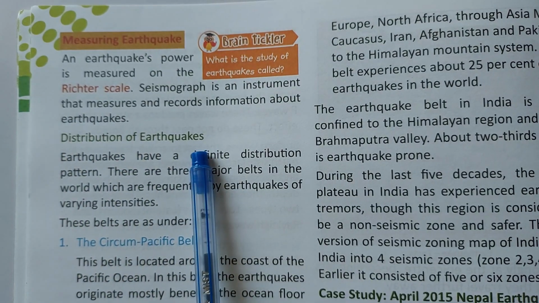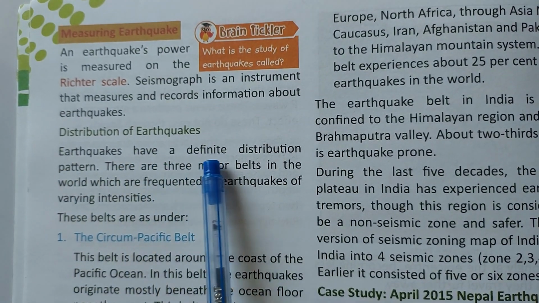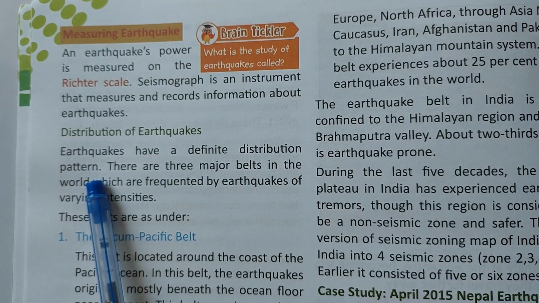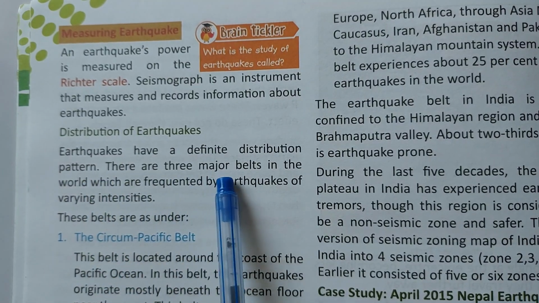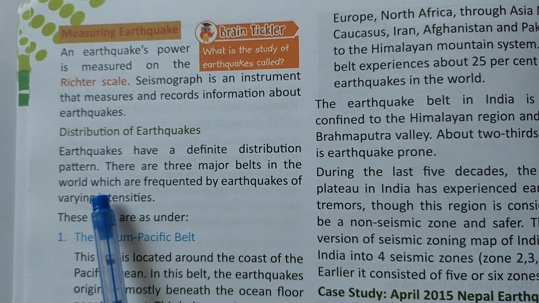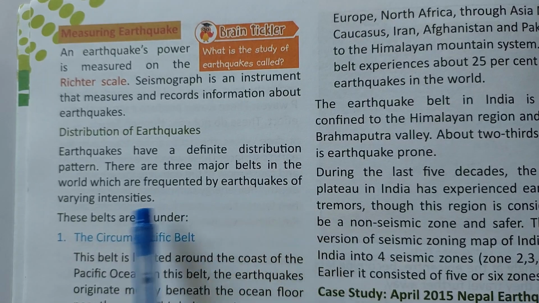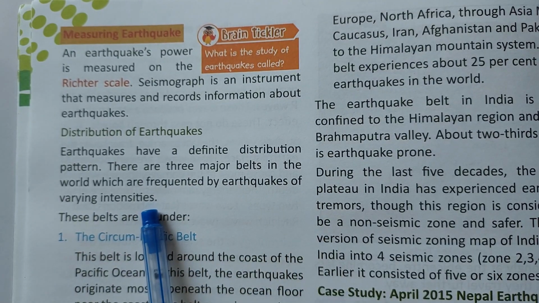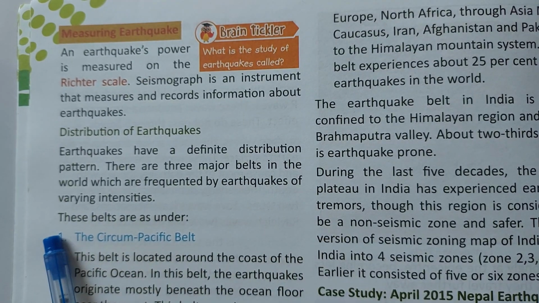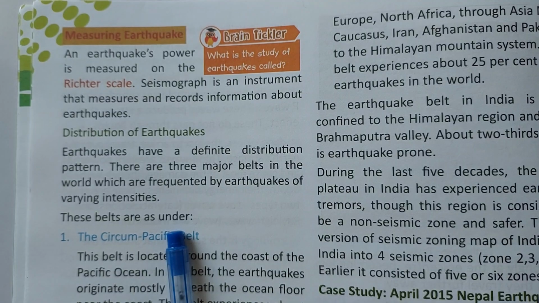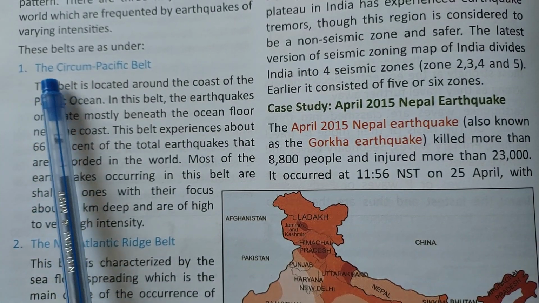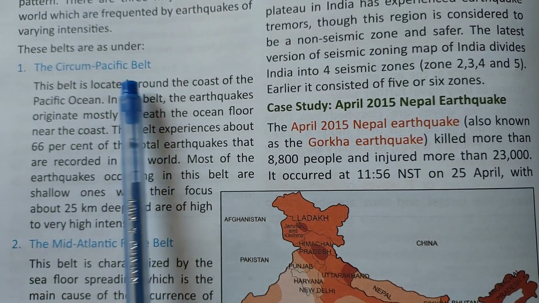Distribution of earthquakes. Earthquakes have a definite distribution pattern. There are three major belts in the world which are frequented by earthquakes of varying intensities. These belts are as under. The Circum-Pacific Belt.